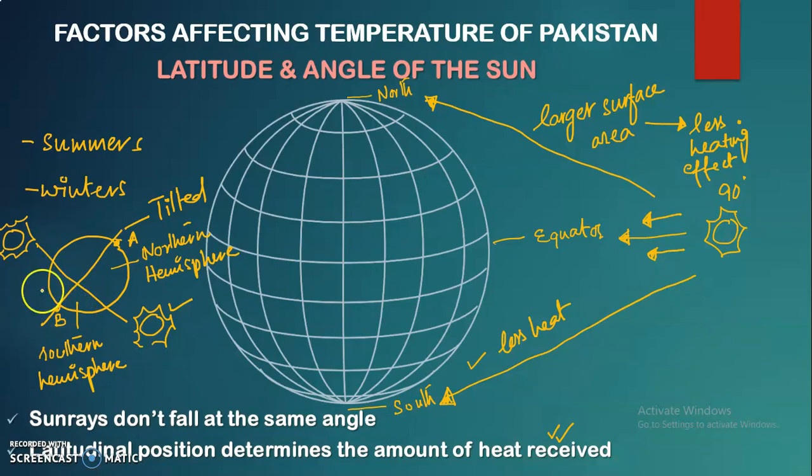Now this portion is closer to the sun, as you could see from point B, and point A, the northern hemisphere, is away from the sun as compared to the southern hemisphere.